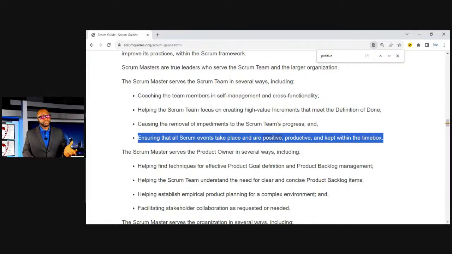What is the opposite of positive? What else could it be? Negative? If you have a team that is at odds, Scrum Masters have their work cut out. They need to create that environment where teamwork can survive. And that, my friends, is the business case for the book, Scrum Leadership.